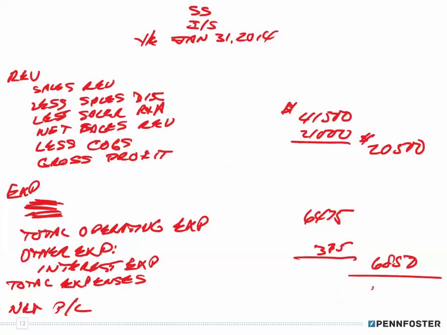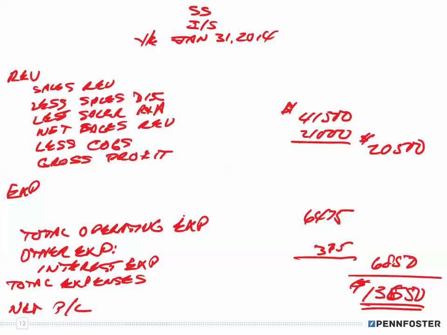In this case here, it's a profit of 13,650. Okay, so that's what my income statement would look like based upon the information I've been given, or filling it all out.